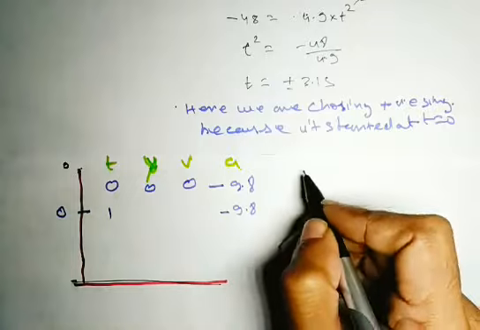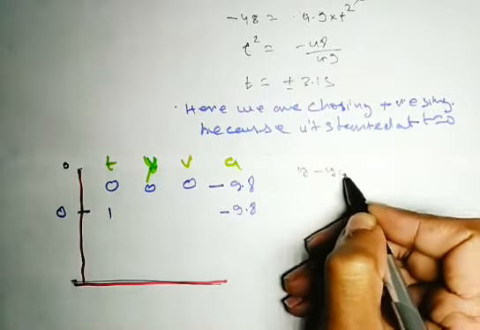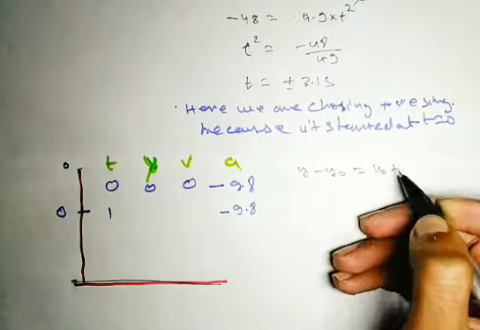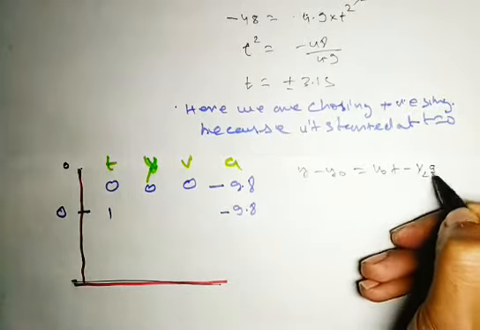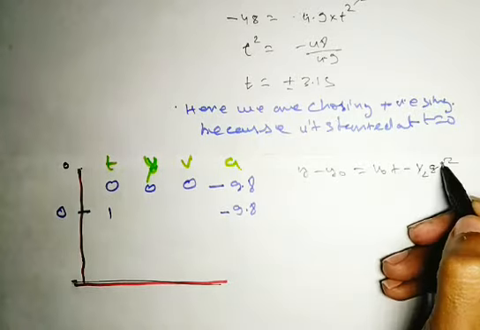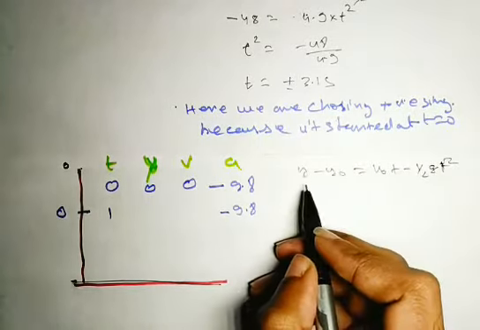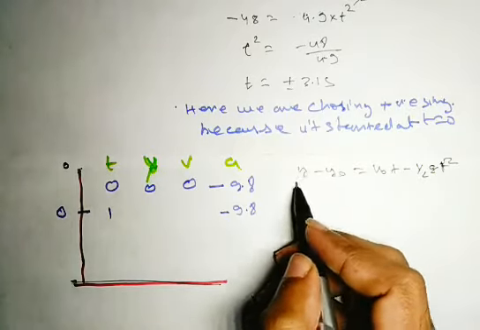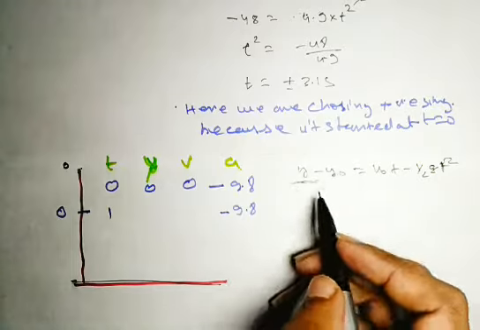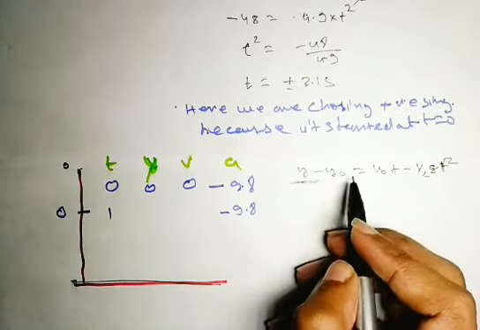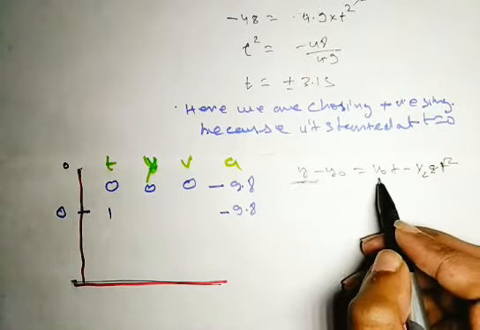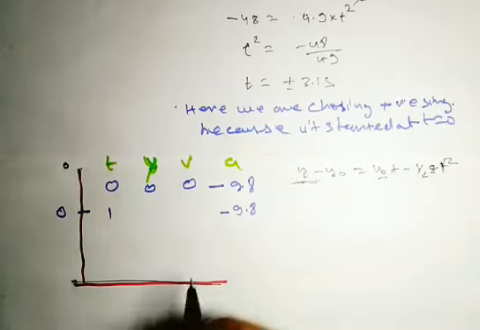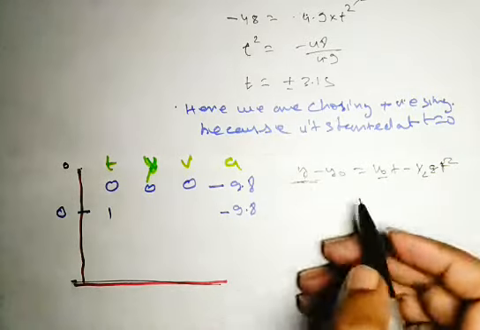We are going to use the same equation, y minus y naught equal to v naught t minus half g t square.